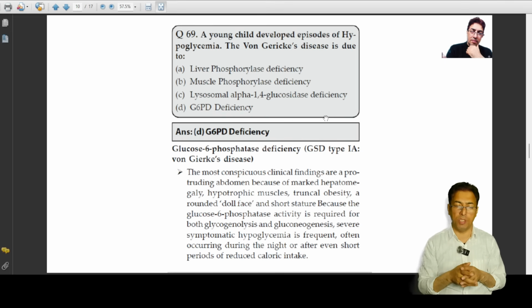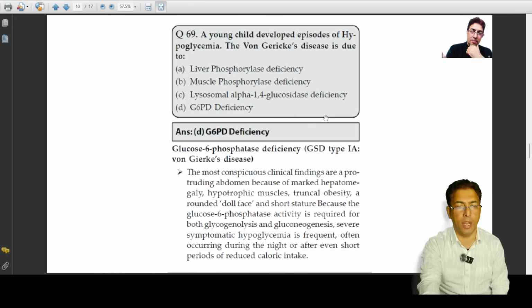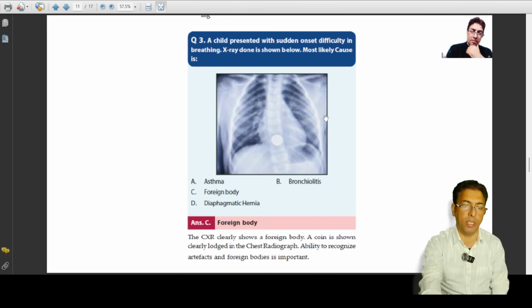So you have to remember entities like von Gierke's disease, Pompe's, Cori's, McArdle's, Anderson's, Hers, Tarui's, Hunter's, so many syndromic entities, the enzyme deficiency that is present, and what substance gets accumulated there. These are very important questions, and this is a simpler sort of question which has been asked in NEET and FMGE many a time.